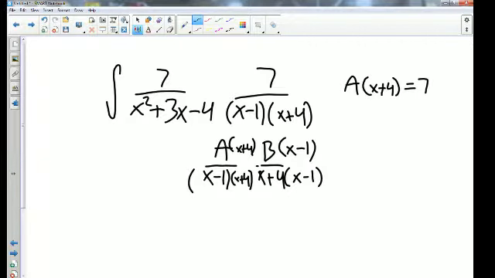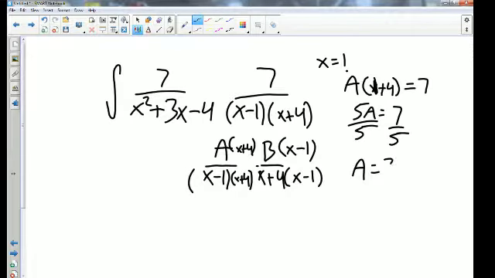Then you make x equal 1. That will cancel the B out, and you don't have to worry about that anymore. So it's 5A equals 7, divided by 5.